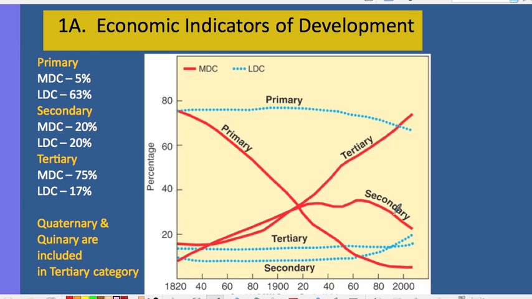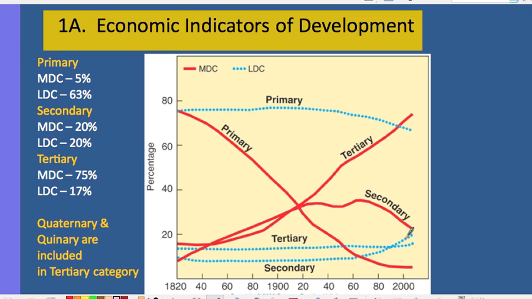And then in LDCs, you see over time they still have a very high percentage of jobs in primary. So you have a high percentage of people who are farmers or fishermen or miners. And then you have very low tertiary and low secondary. Maybe secondary is rising a little bit as a country is becoming more industrialized and having more factories, which would be like manufacturing.